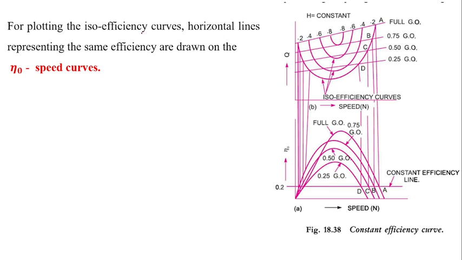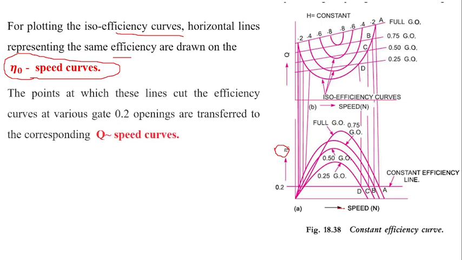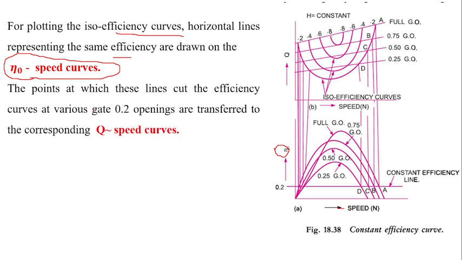For plotting the iso efficiency curves, horizontal lines representing the same efficiency are drawn on the efficiency with speed curves. The points at which these lines cut the efficiency curves at the gate openings are transferred to the corresponding Q versus speed curves.